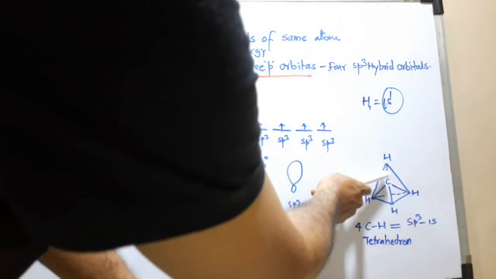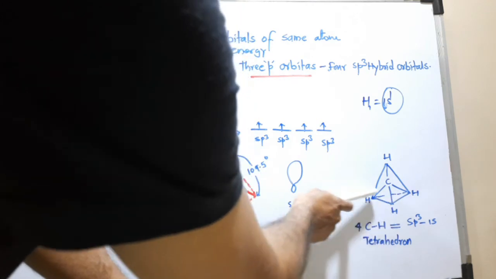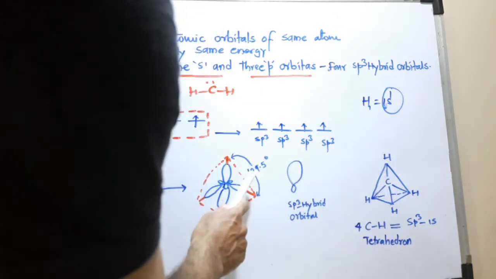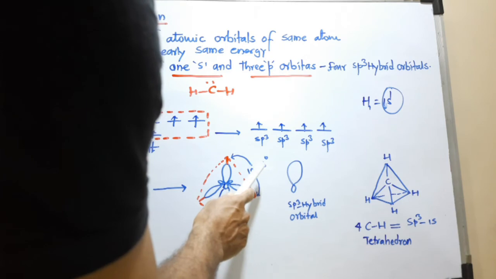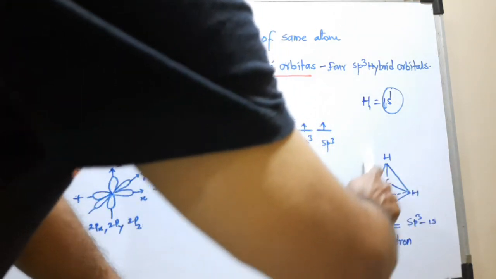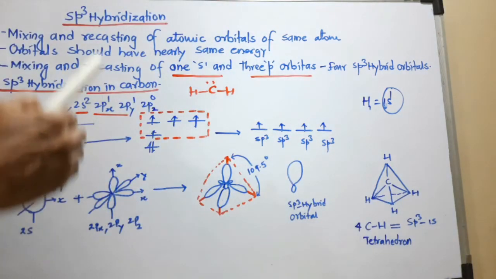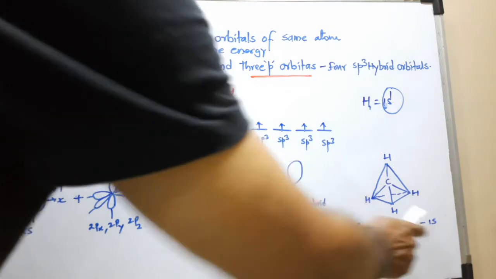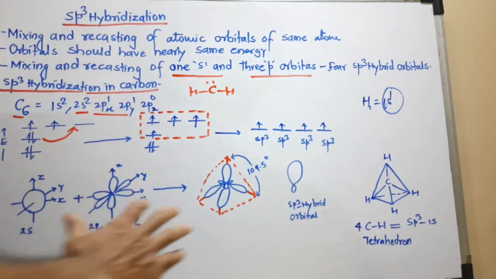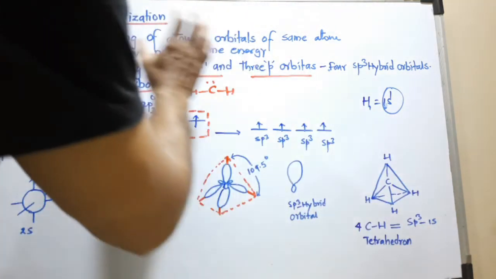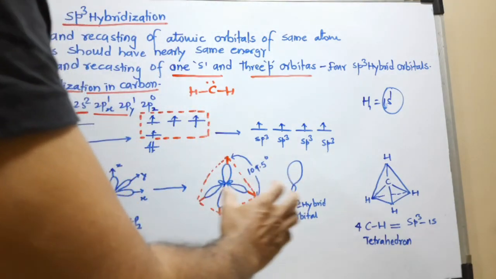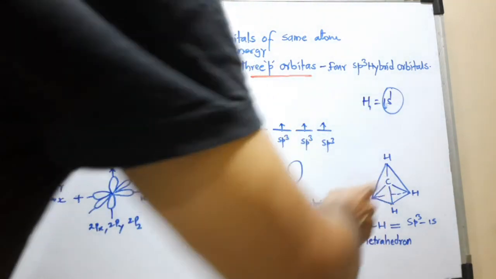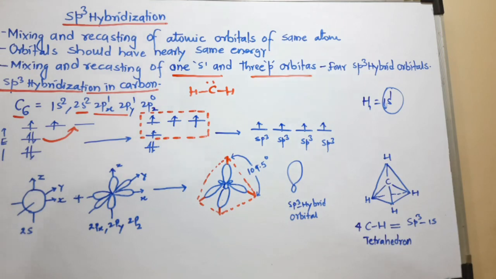So this covalent bond is formed, and these, and these. The bond angle is 109.5 degrees. So this is a simple molecule, methane, formed after the overlapping of the sp3 hybrid orbitals of carbon and the 1s orbitals of hydrogen. In this way we can explain the shape and how these bonds are formed. So this is all about sp3 hybridization of carbon.